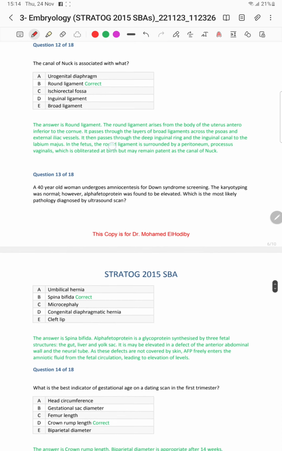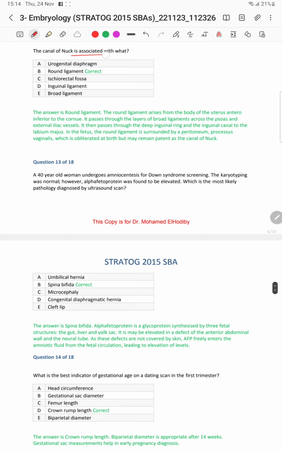Question number 12. The canal of Nuck is associated with which ligament? The answer is the round ligament. The round ligament arises from the body of the uterus, antero-inferior to the cornua. It passes through the layers of the broad ligament, around the psoas and the external iliac vessels, and then passes through the deep inguinal ring and the inguinal canal to the labium majus.